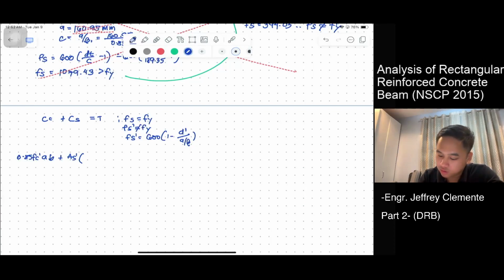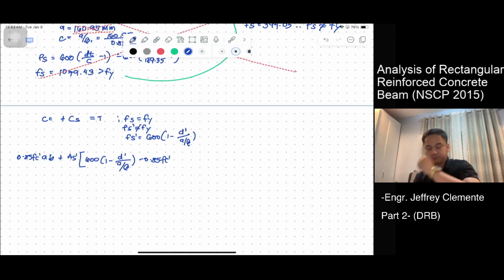Ang FC prime natin dito, buuin natin siya. Ilagay mo, 600 times 1 minus D prime over A over beta, minus 0.85 FC prime, equals to AS Fy, diba?